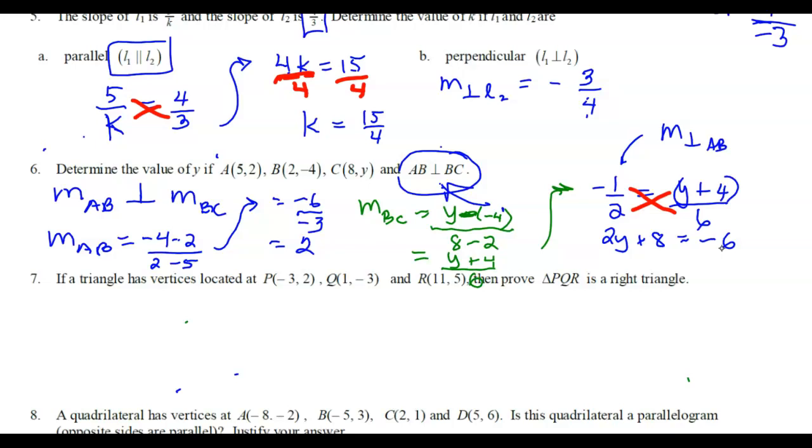Now, you could be asked this question on a graph, and then you would show your work. You could plot it and figure it out. But no matter what, you have to determine and show work. Okay, so you get y equals -7.